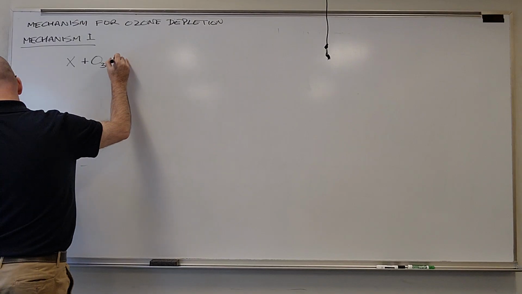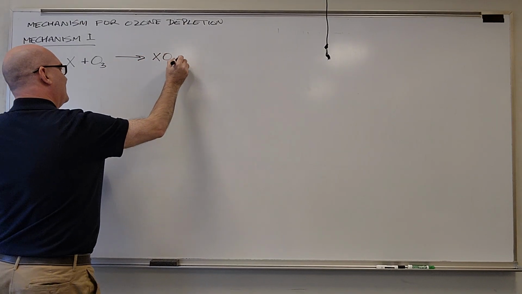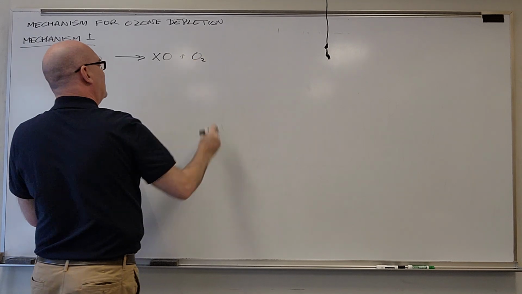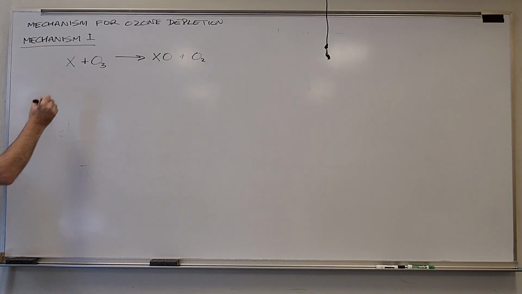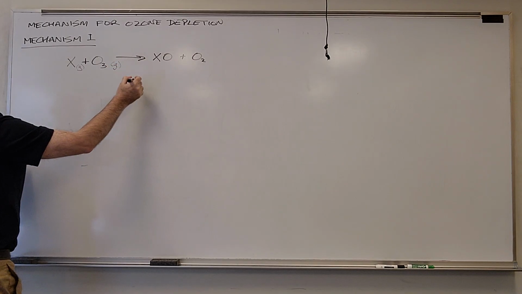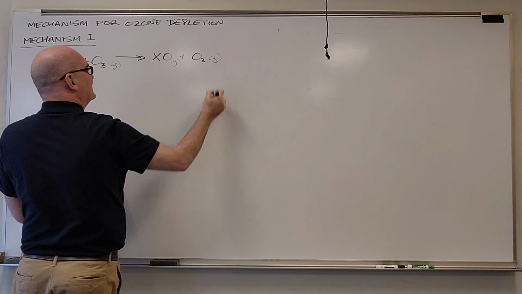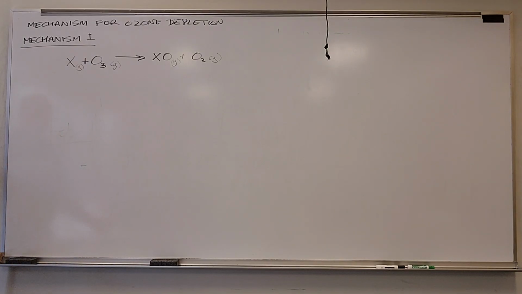It's going to react with ozone, and it makes an oxide of X and then generates oxygen gas. And our book doesn't use state symbols to describe that this is all occurring in the gas phase. That doesn't mean that we shouldn't.